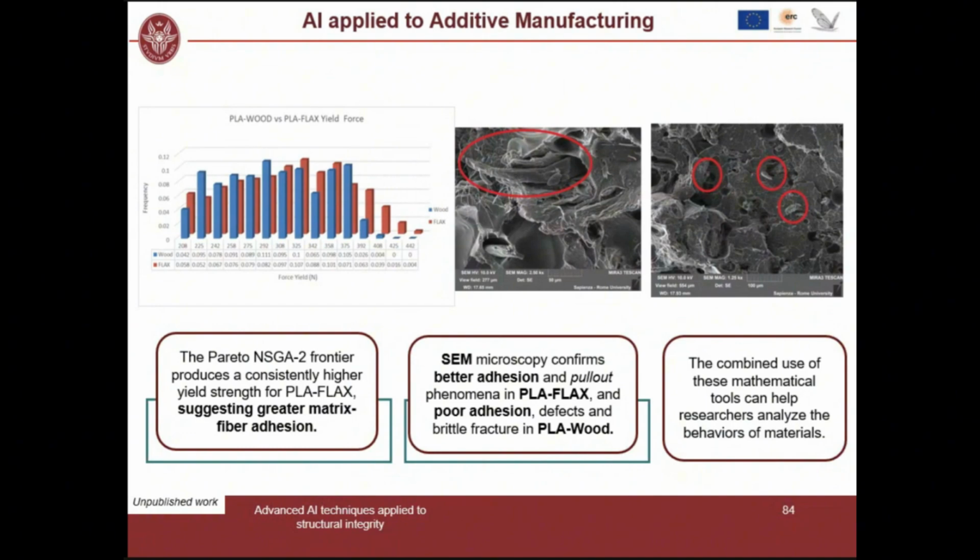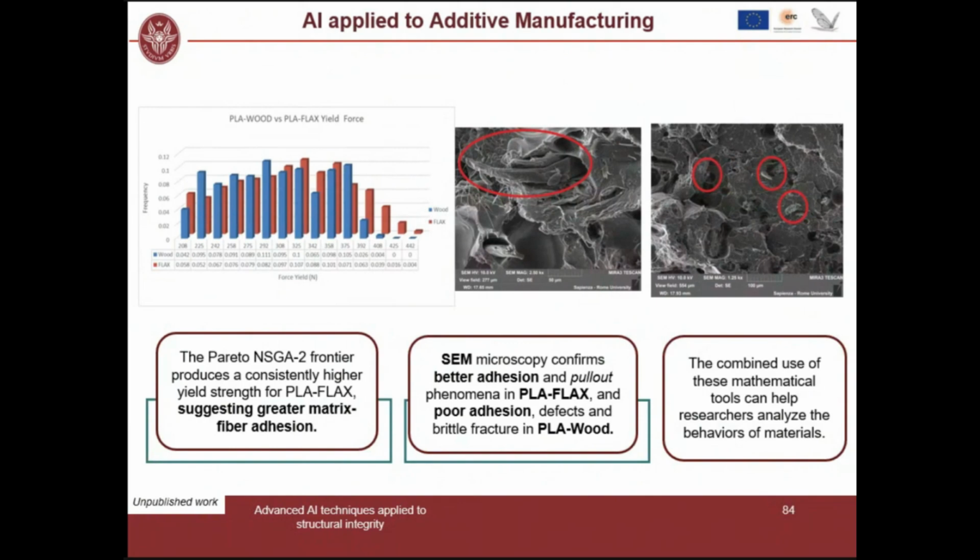I was just toying with the algorithm, but I noticed that it was giving me a lot more instances, because this is scaled and not on scale. If I had shown you the real frequency, the blue one would be flat. So the algorithm was proposing a lot more instances of PLA reinforced with flax than PLA reinforced with wood. And the signal associated with the stress field was also a lot higher in the PLA reinforced with flax than in PLA reinforced with wood.